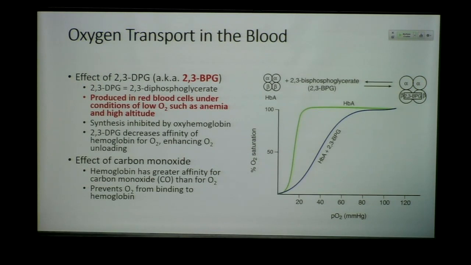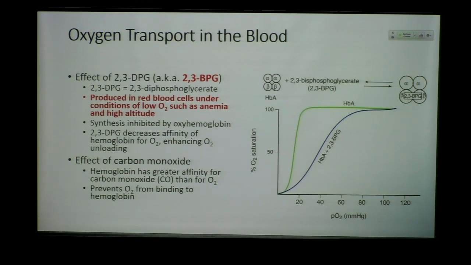Under instances or situations of anemia or low oxygen, I don't want hemoglobin to be bound very tightly to oxygen. Again, I want it to dissociate off very easily. I want it to enhance the way that oxygen unloads from hemoglobin. And this is why 2,3-DPG is created under instances of anemia or high altitude where we have low partial pressures of oxygen, okay?